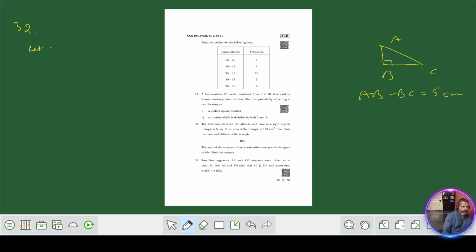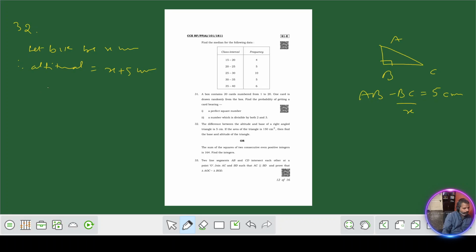So let the base be x centimeter. Therefore, the altitude is equal to x plus 5 centimeter. Clear? Because here the base is x, AB becomes 5 plus x. I wrote x plus 5. Okay.